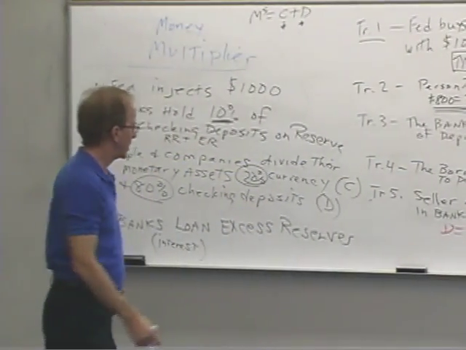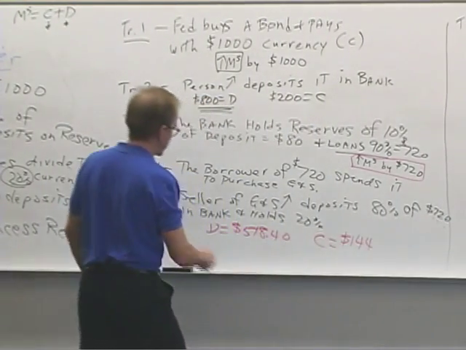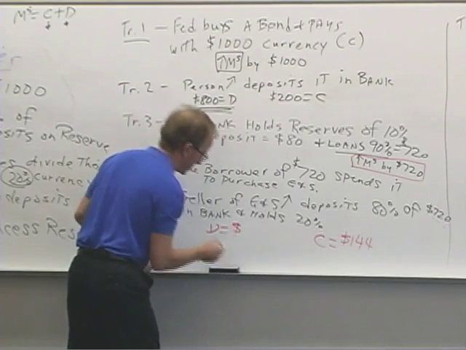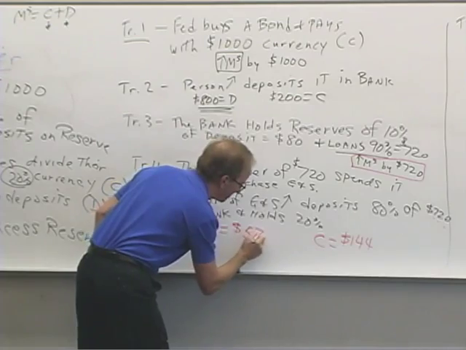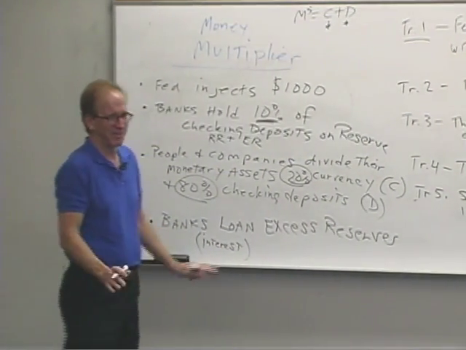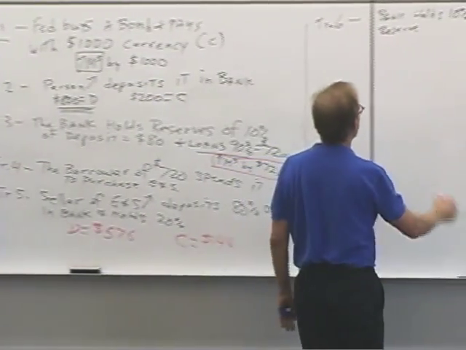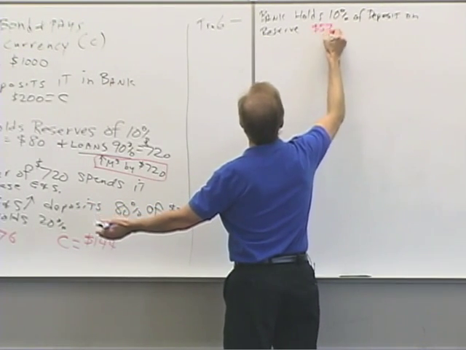Is it 518? How much? 576. Oh, I'm sorry. 576? Well, I'm glad that somebody's checking me. That was a test. I told you it didn't affect the money supply. 10% of the deposit on reserve, how much is that? $57.60.